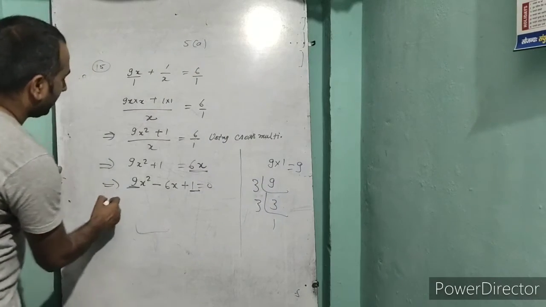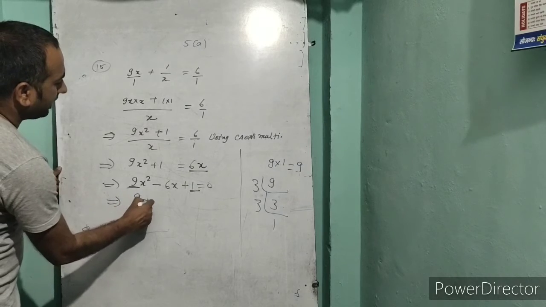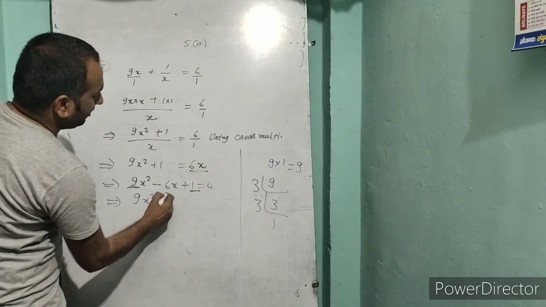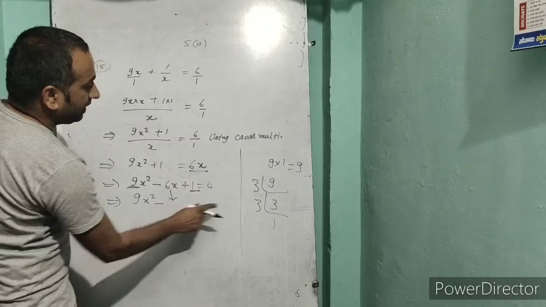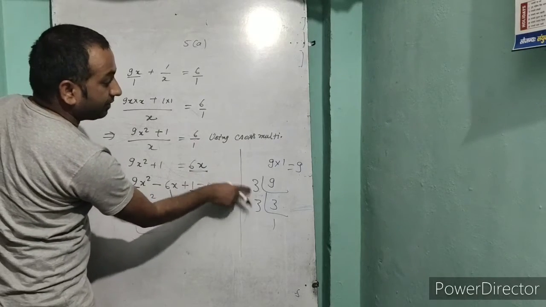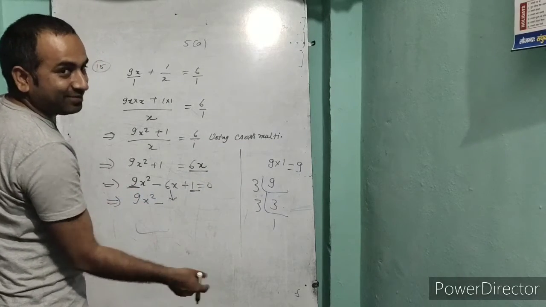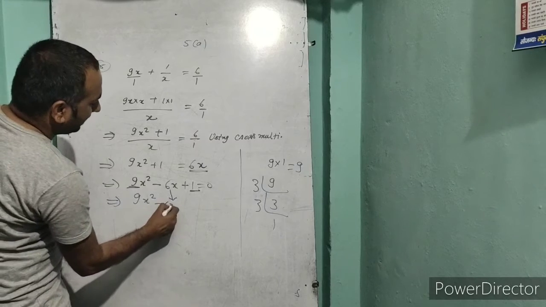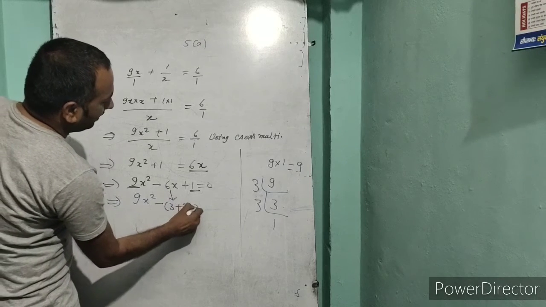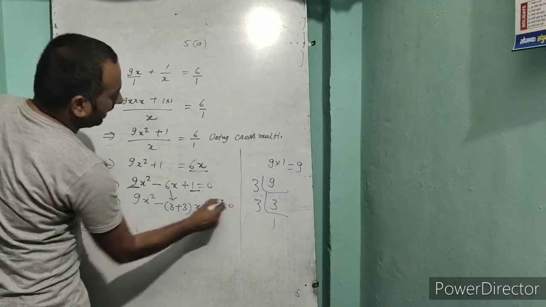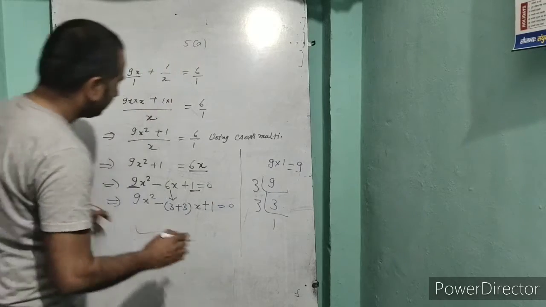So see here, this will be the same 9x square minus, we will not put 6 directly. How will you make 6? 3 plus 3, not 3 minus 3. 3 minus 3 is 0. So this is 3 plus 3 into x plus 1 equals 0, and everything else will be the same.